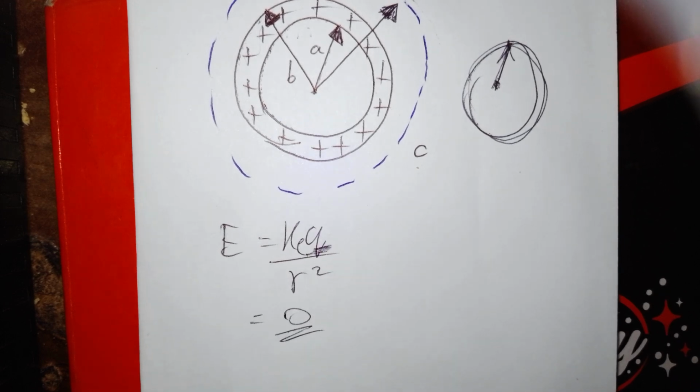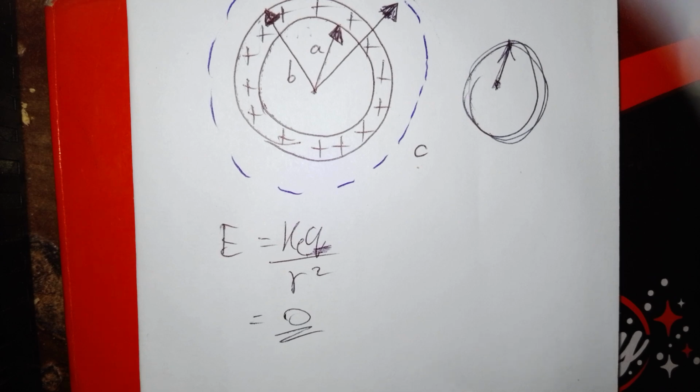Number 2, B rather, they're saying find the electric field outside the shell for R greater than B. Now, note, they're not looking for the electric flux, but they're looking for the electric field.